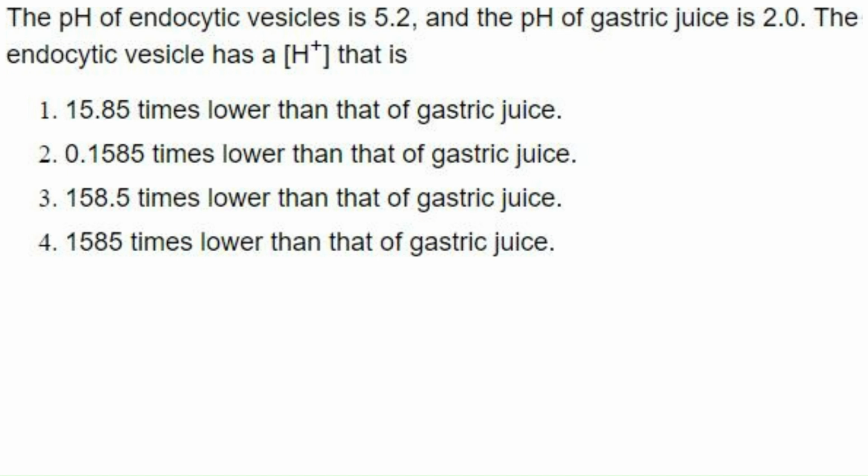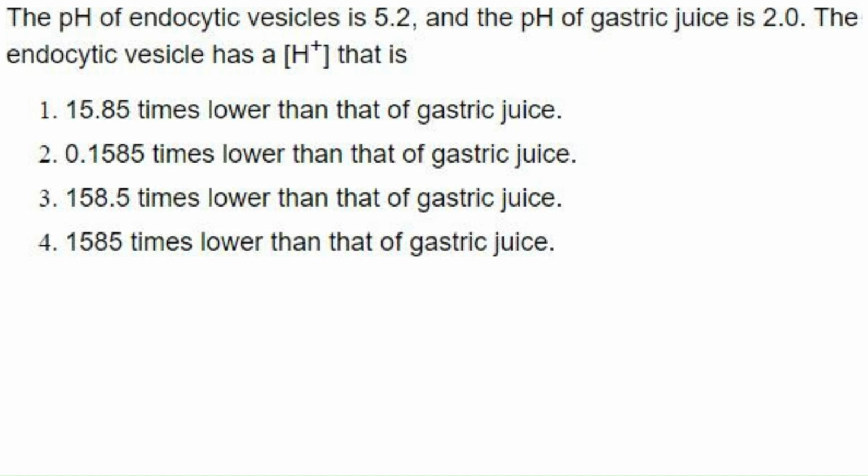Second option is 0.1585 times lower than that of gastric juice. Third option is 158.5 times lower than that of gastric juice. And fourth option is 1585 times lower than that of gastric juice.